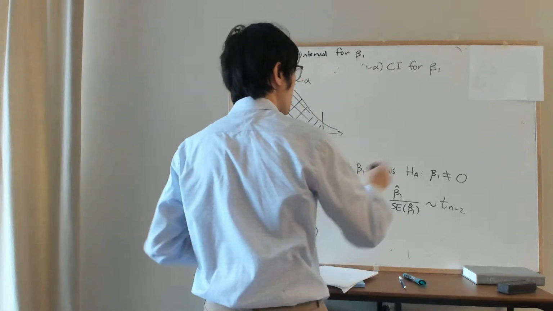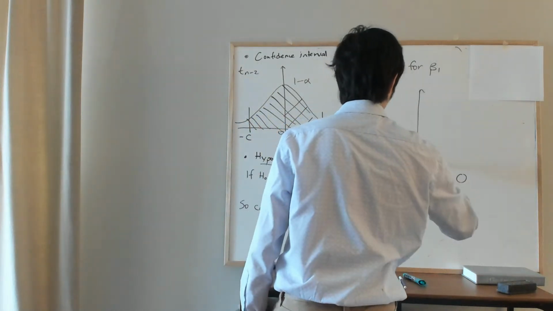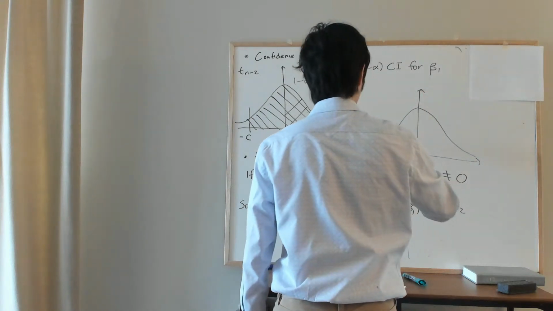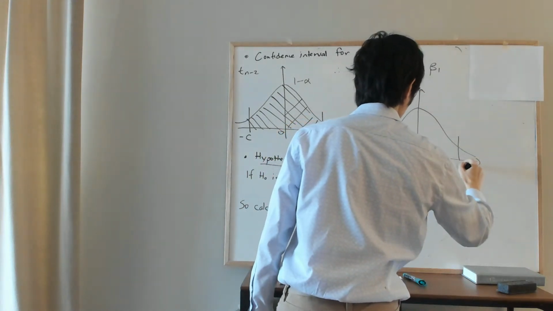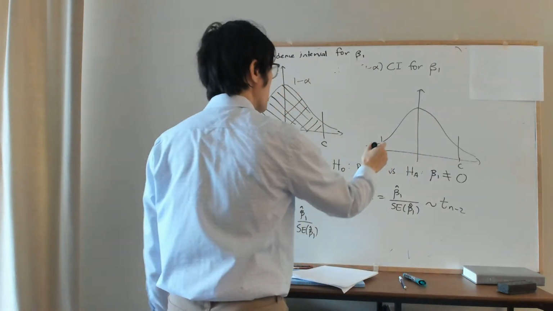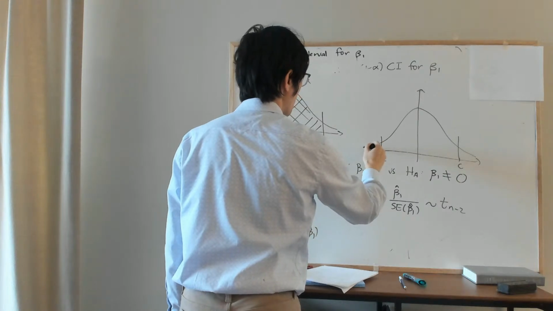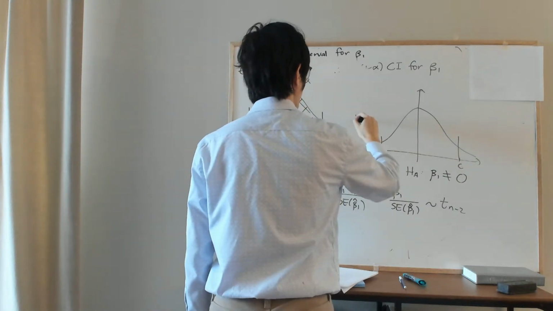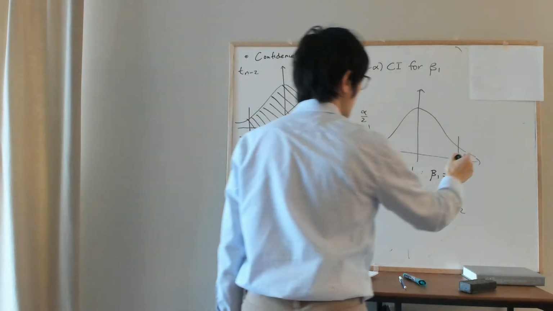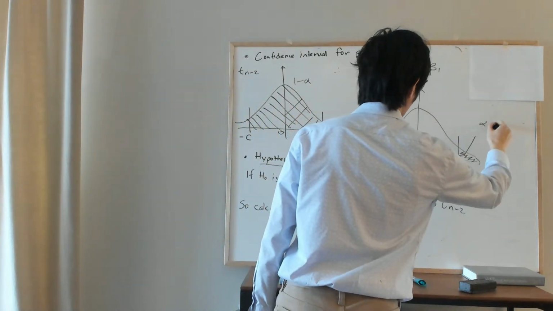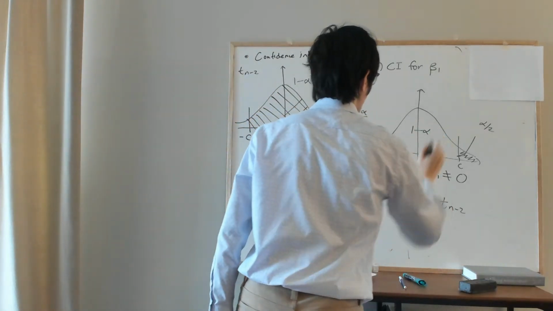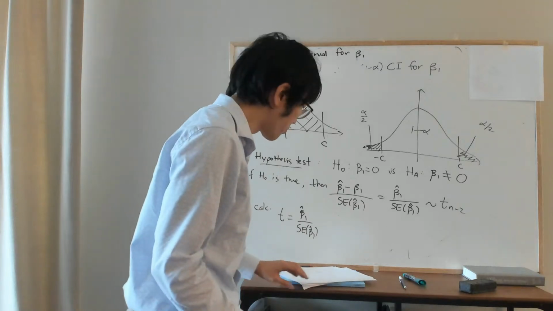The intuition behind the hypothesis test: I'm going to draw the same thing, but with a different emphasis. Again, I have minus c here and c here, by symmetry. If there's 1 minus alpha in the middle, then due to symmetry there's alpha over 2 probability in the left tail, also alpha over 2 in the right tail, and 1 minus alpha in the center.